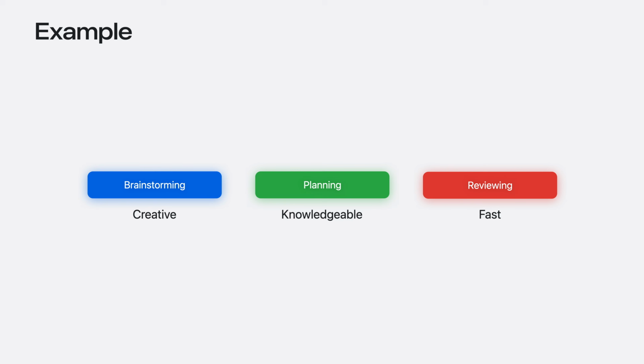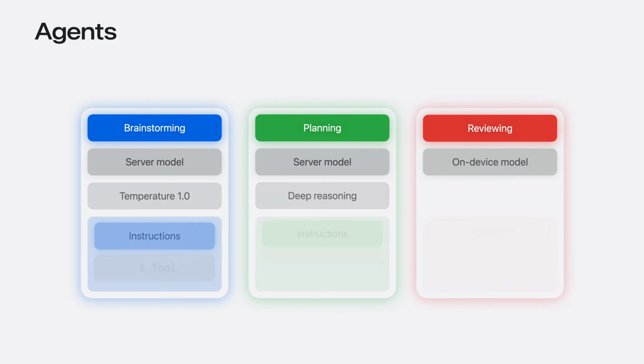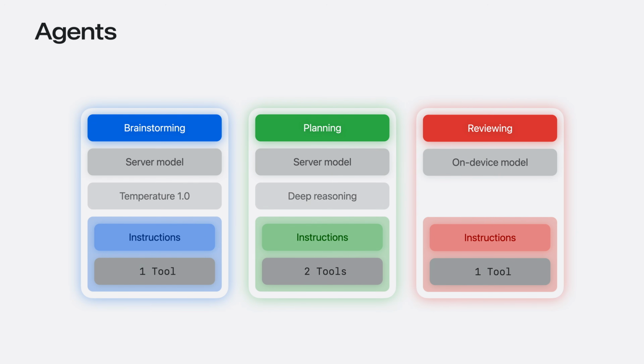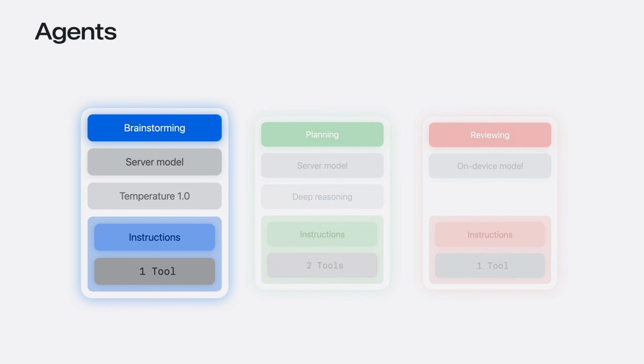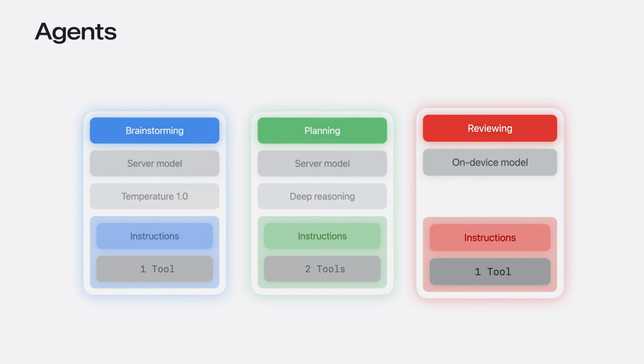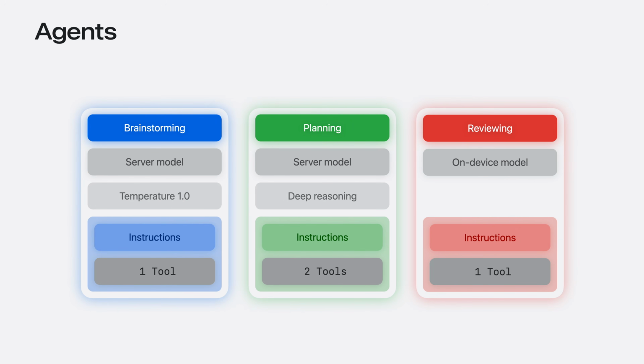Each stage in the app requires shared context, but individually, they have a unique set of priorities. They may benefit from a diverse set of models with different instructions and generation options. These configurations are agents. They act on your app's behalf and are configured with a particular goal and set of capabilities in mind.